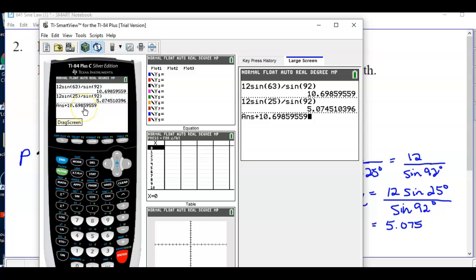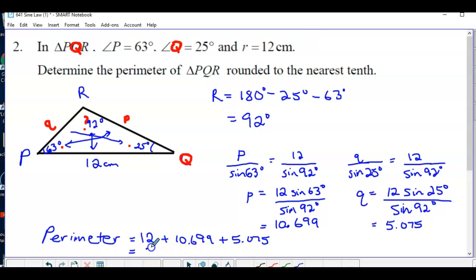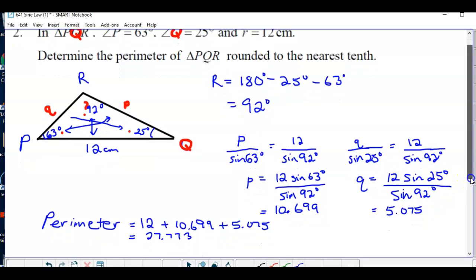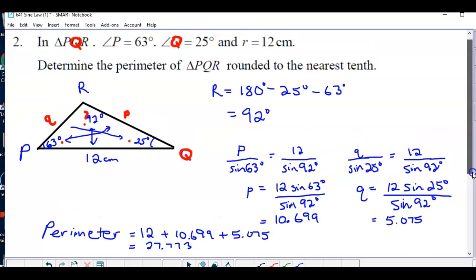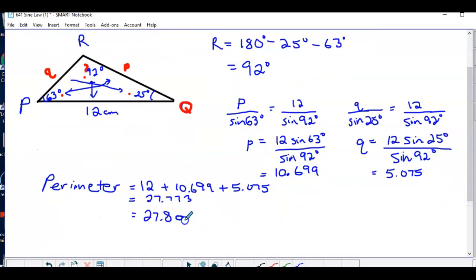Then put in your 3-digit rounding, and then add your 12. And then 27.773. And then round that to the nearest tenth. So that's going to be 27.8. And again, it did give units, so it's centimeters.